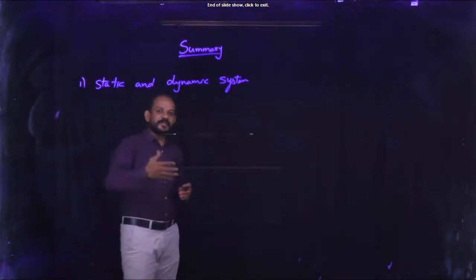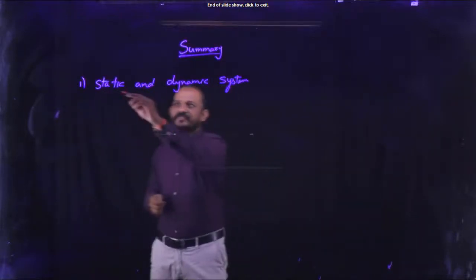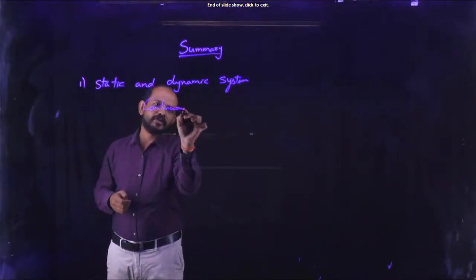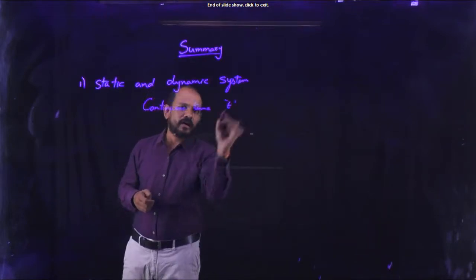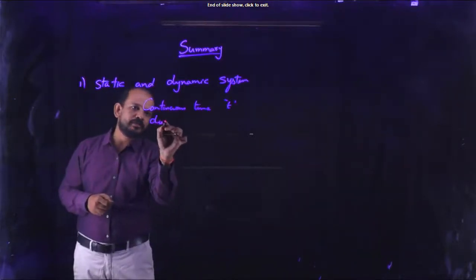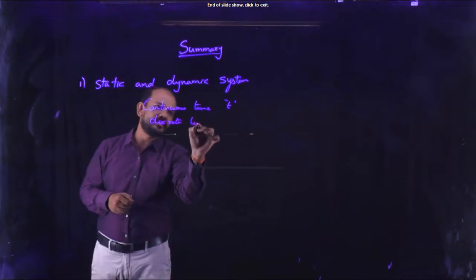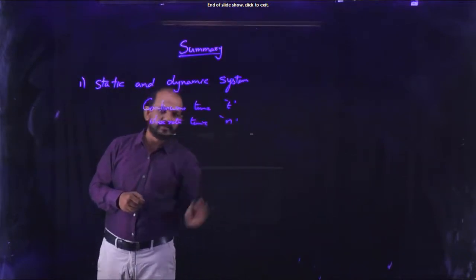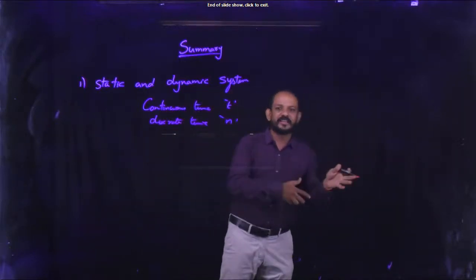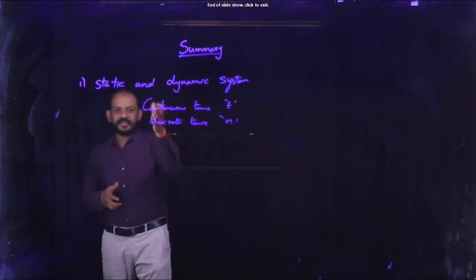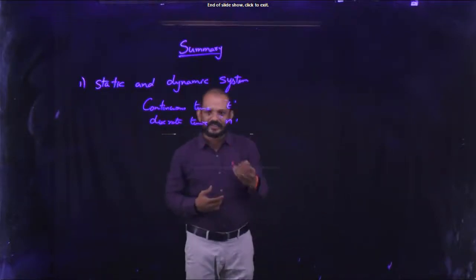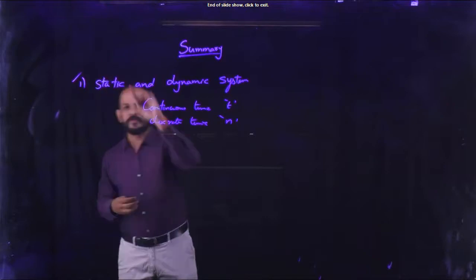I explained all this with respect to continuous time variable t first. After that I explained static and dynamic systems with respect to discrete time variable, that is n. I had taken examples with respect to continuous time and discrete time, and you are able to say whether the given system equation is static or dynamic with respect to both. So I explained all these 3 with examples.